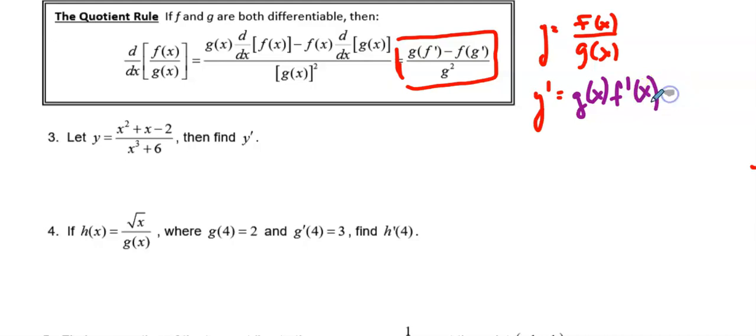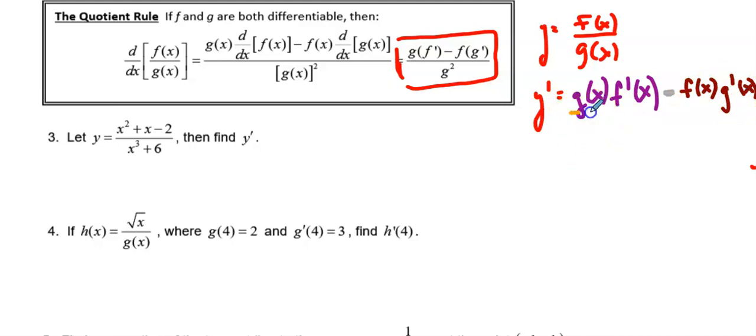It's much worse than the product rule, so we always do a negative. So it's the denominator times the derivative of the numerator. And then the numerator times the derivative of your denominator. So the derivative of your denominator has to be second. It's got to be the last thing that you do.